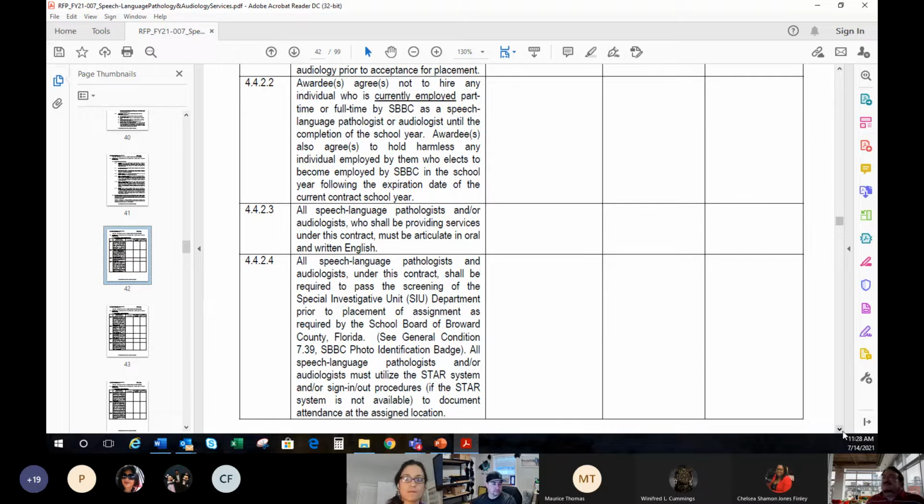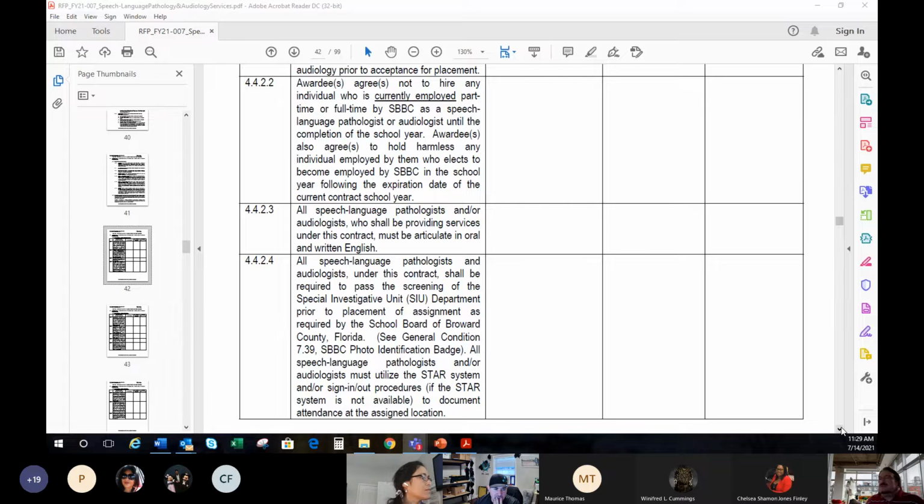If they fail to meet the screening process, then they cannot be used for services under this contract. The Special Investigative Unit is basically SBBC's police department, okay? So you'll want to make sure that the people you are suggesting to be placed on the contract have a clean record.